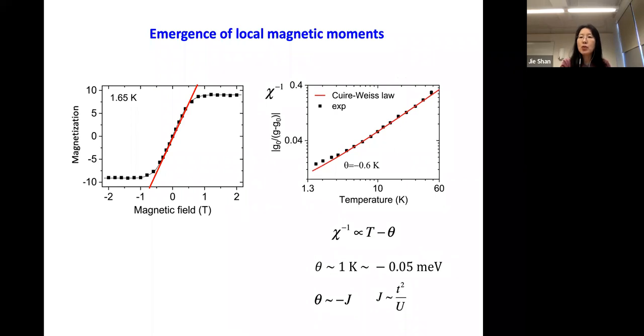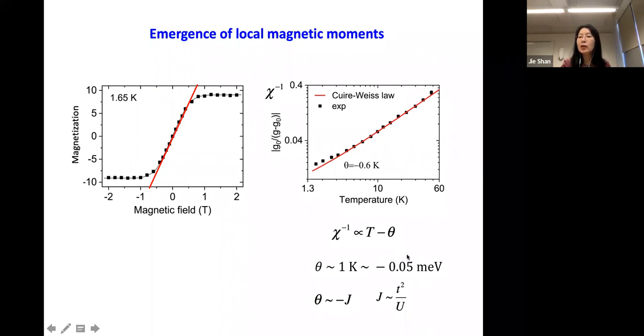This is consistent with the superexchange mechanism I talked about. It's proportional to the hopping integral t squared divided by the on-site Coulomb interaction U. And we know what t and U are from calculations. If you put the numbers together, it's consistent with what we extracted for the Curie-Weiss temperature.